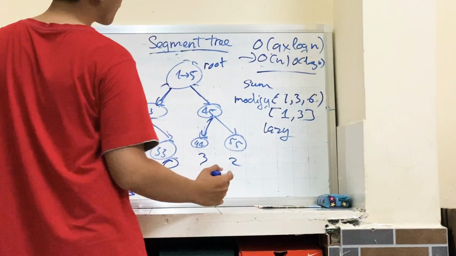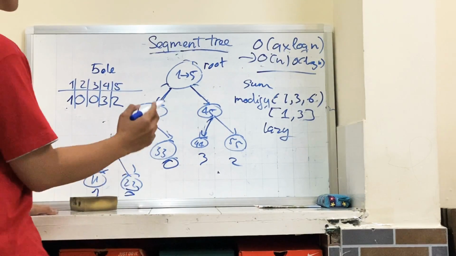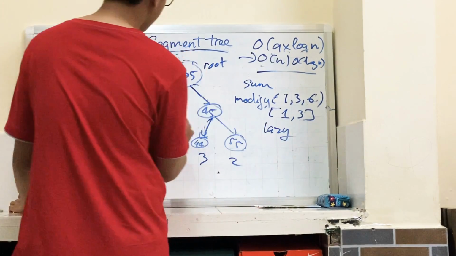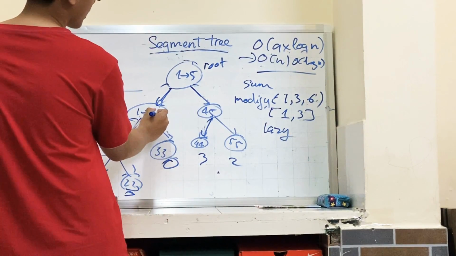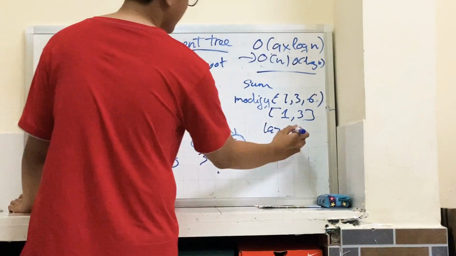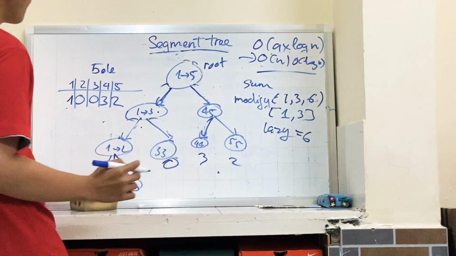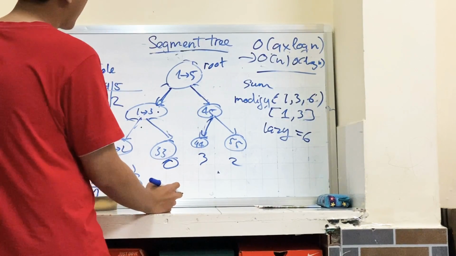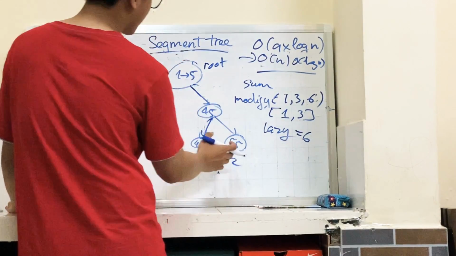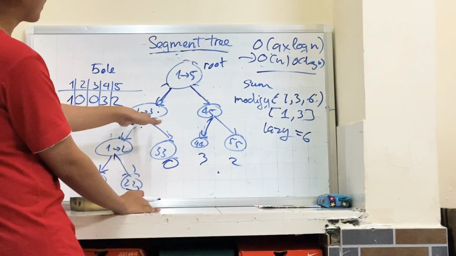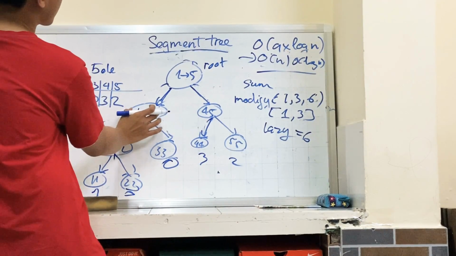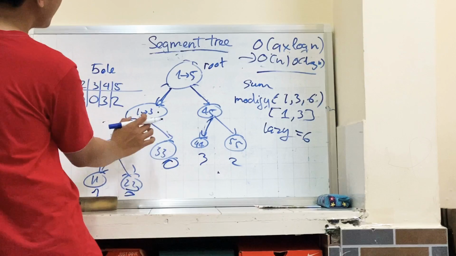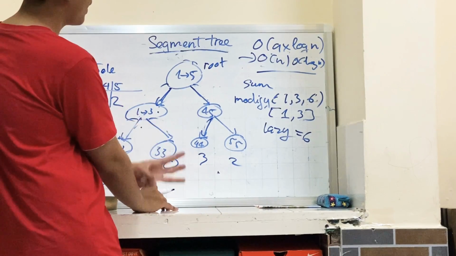So here, we'll set the lazy of this node to 6, and then you push the value, because this holds the interval of 1 to 3, so it has 3 elements.